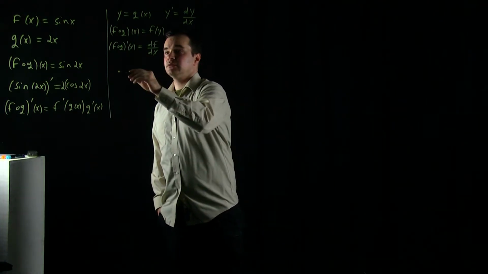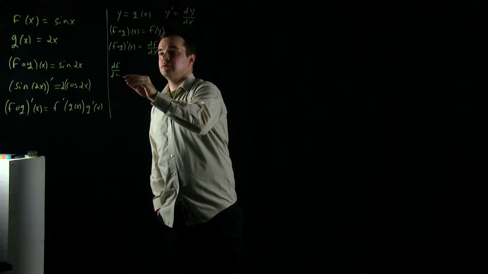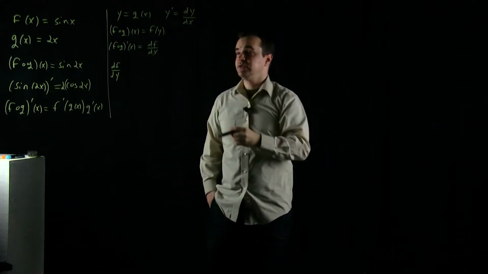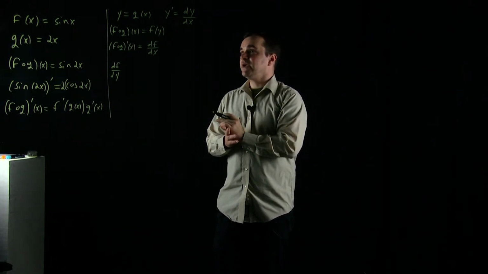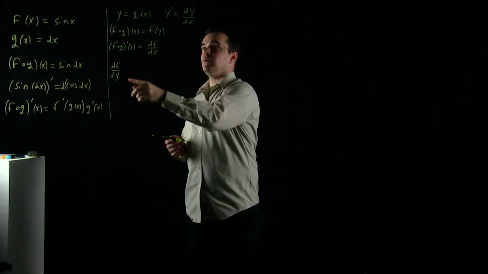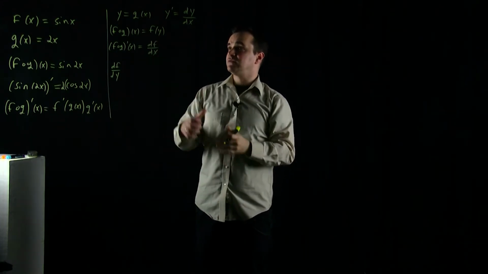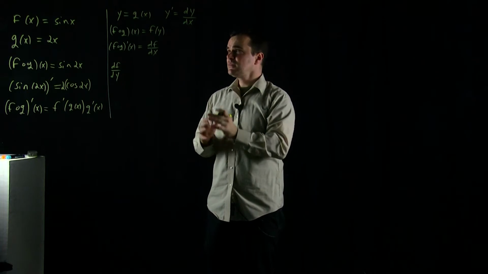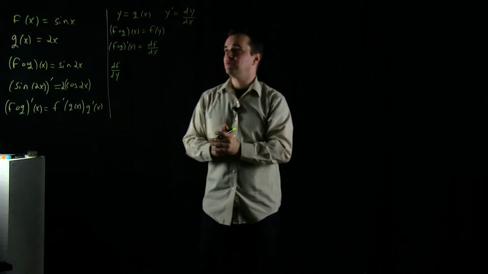That's going to be df dy. And that might not make complete sense, but if you think about it for a little bit, then it will make sense, because df dy is just the derivative of this with respect to variable y. That's just taking the derivative of function f and then plugging in variable y.